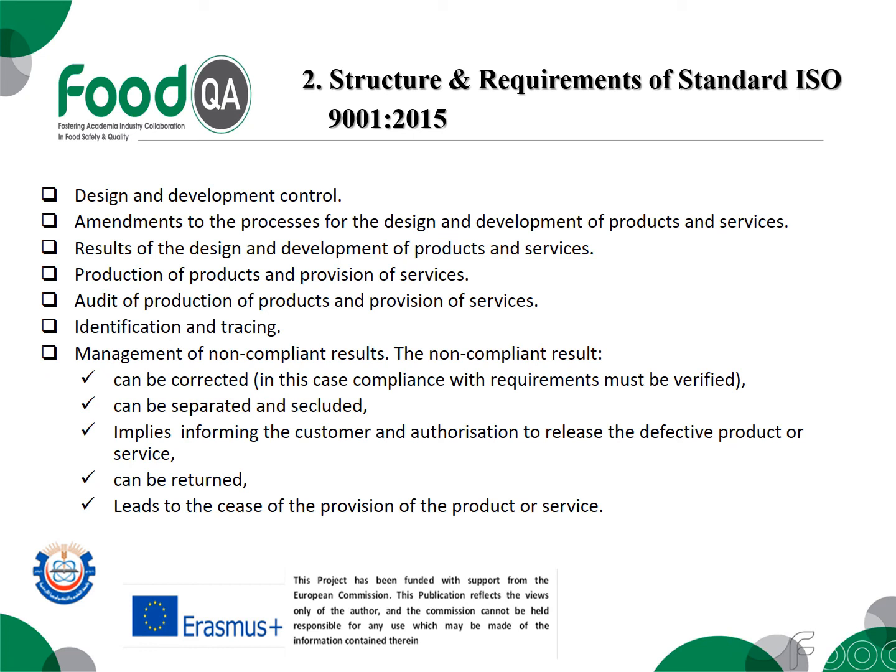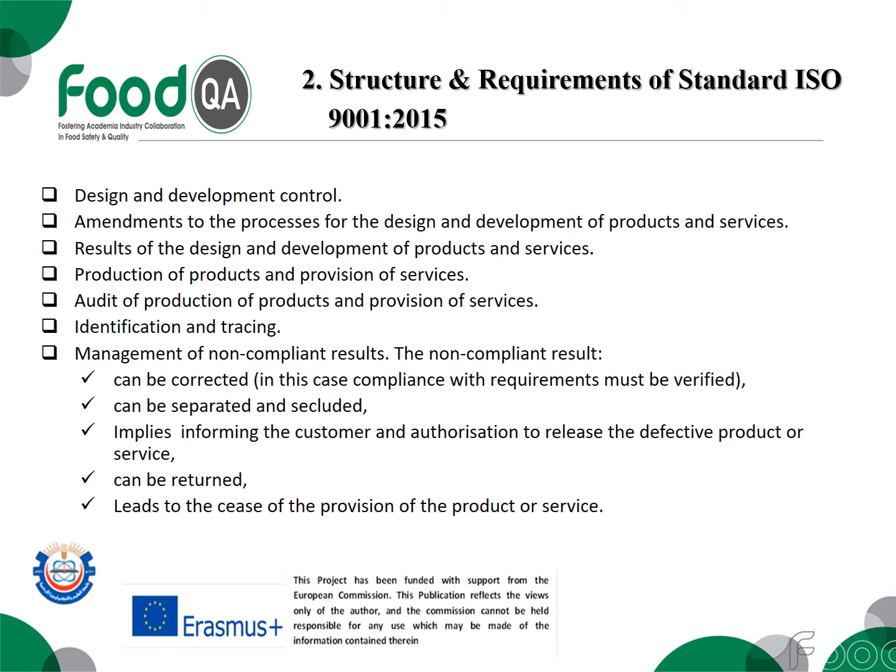Design and development control, amendments to the processes for the design and development of products and services, results of the design and development of products and services, production of products and provision of services, audit of production of products and provision of services, identification and tracing, management of non-compliance results.